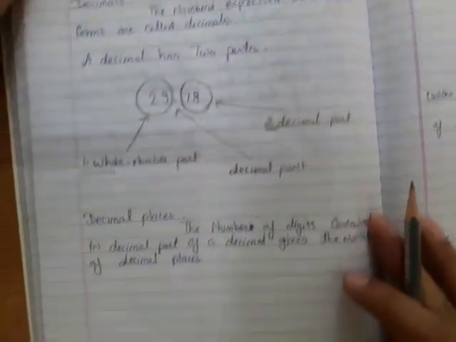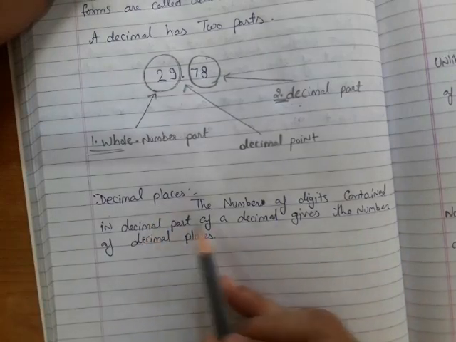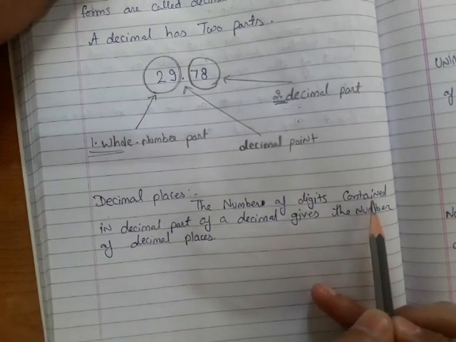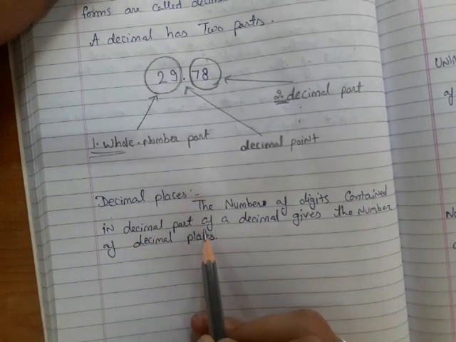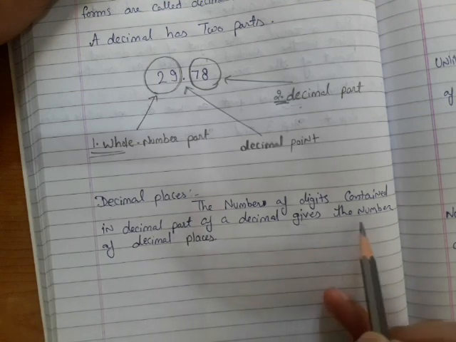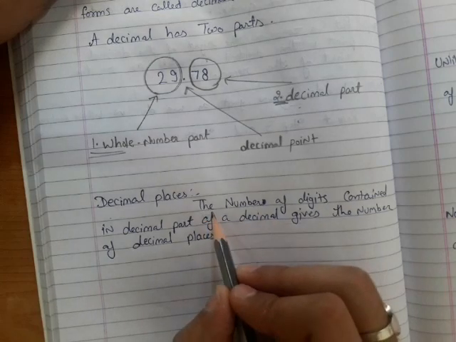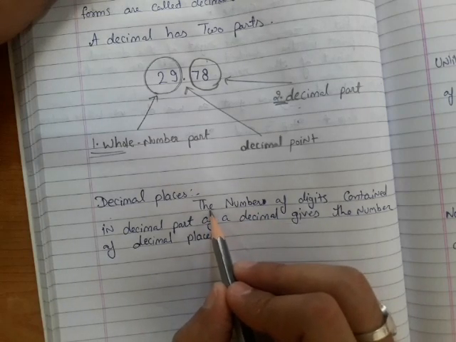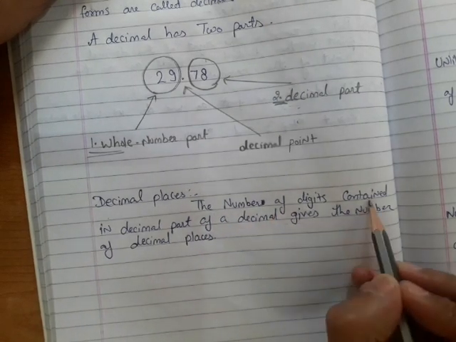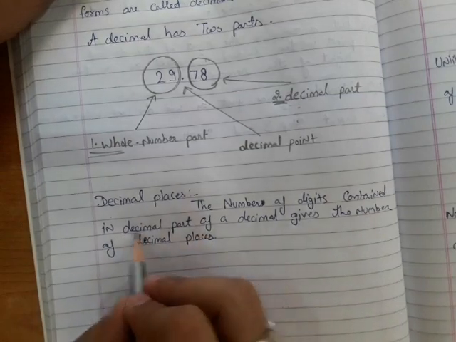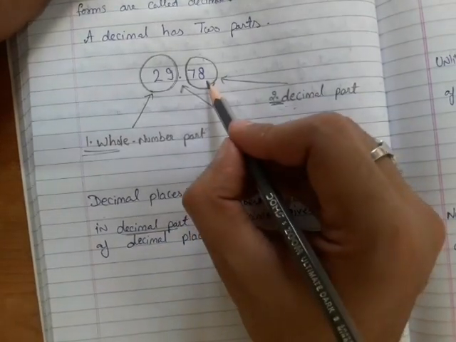Now the next point is decimal places. The number of digits contained in the decimal part of a decimal gives the number of decimal places. Again, we will read this definition: the number of digits contained in the decimal part. Here the decimal part is this part.